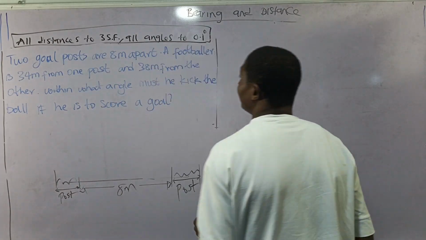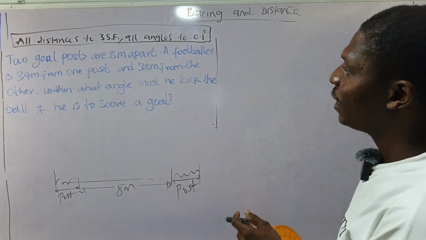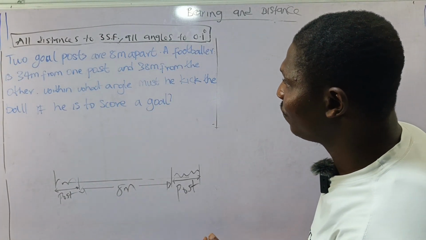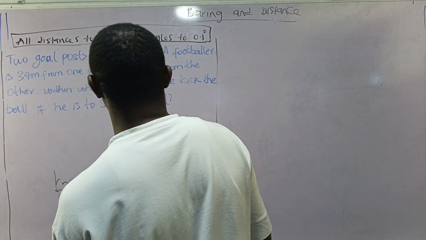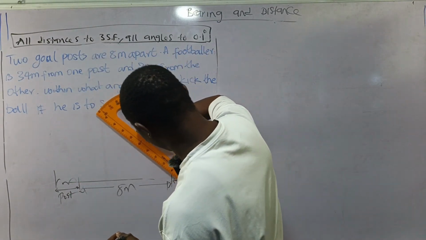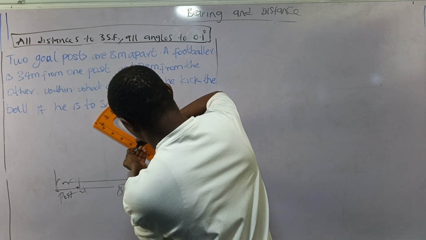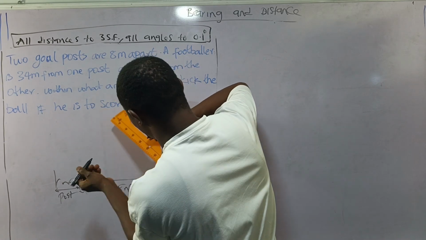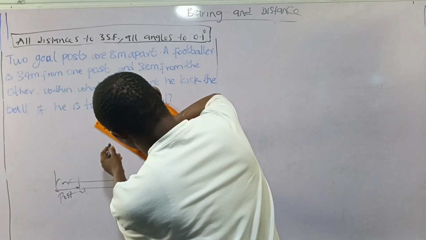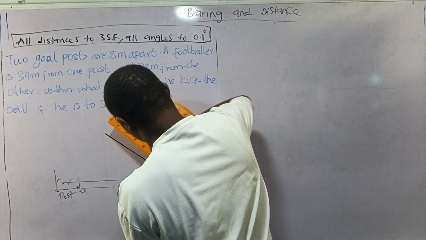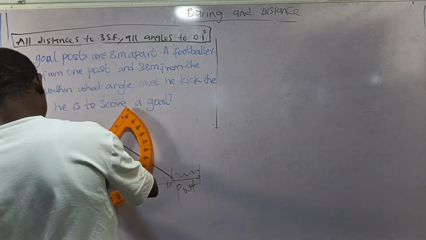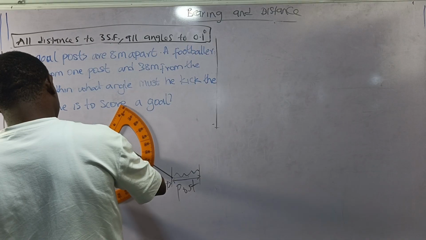Now, they said a footballer is 34 meters from one and 38 from the other. This is the longer one, which is 38, so I should slant it a little more. And the other is 34.